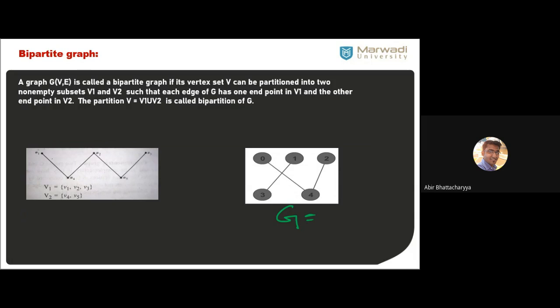Okay, I will mark it: this is 0, this is 1, this is 2, this is 3, and this is 4. Now tell me what the partitions are here. Waiting for others' answers.